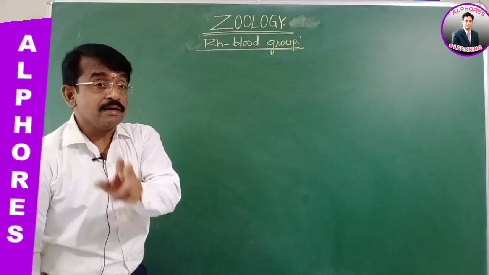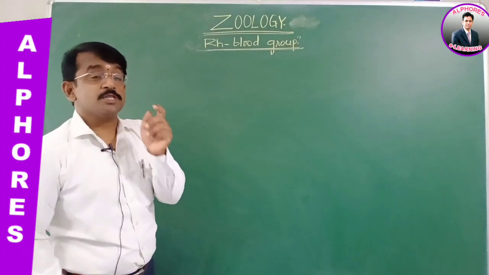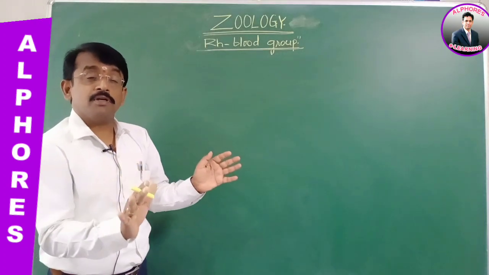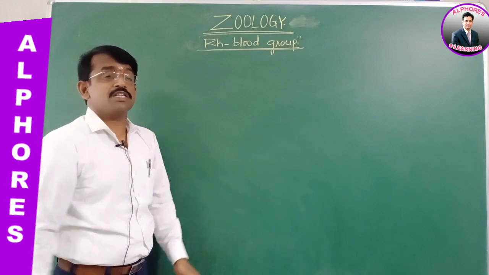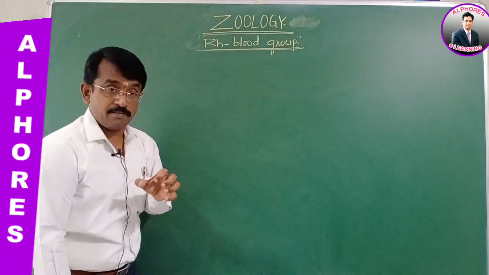That's the reason normally Rh positive and Rh negative individuals are phenotypically normal, whereas at blood transfusion and pregnancy time, it shows the harmful ill effects.